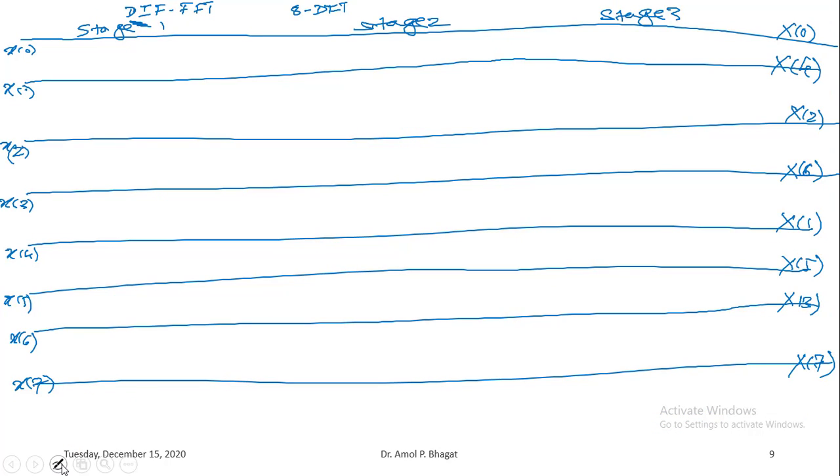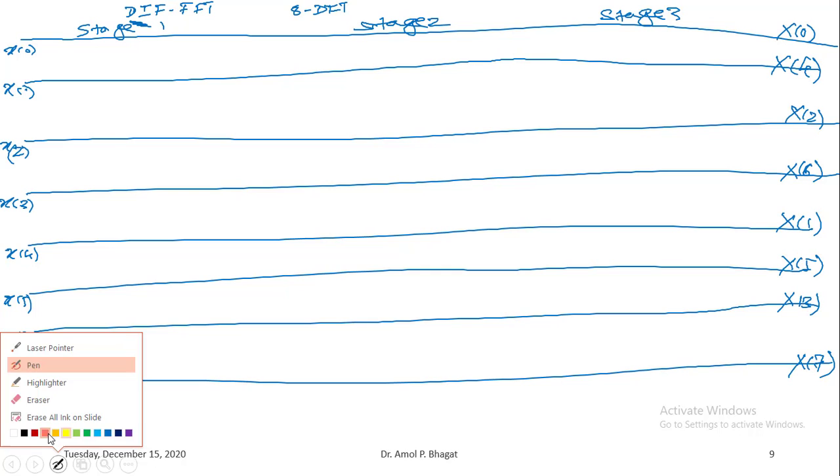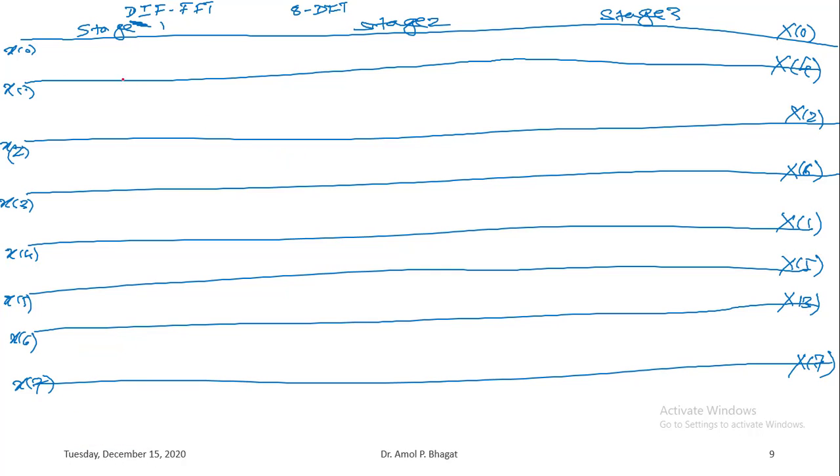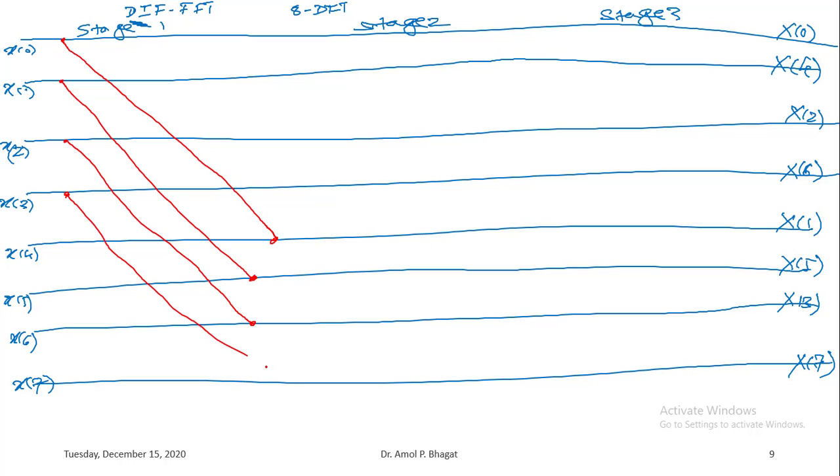So let's try to draw it. We'll initially draw here the stage 3 structure. Okay, so as per the stage 3 structure, here your dropping lines will be there, right? Here it will be, then second, then third, and then this one will be the fourth one.